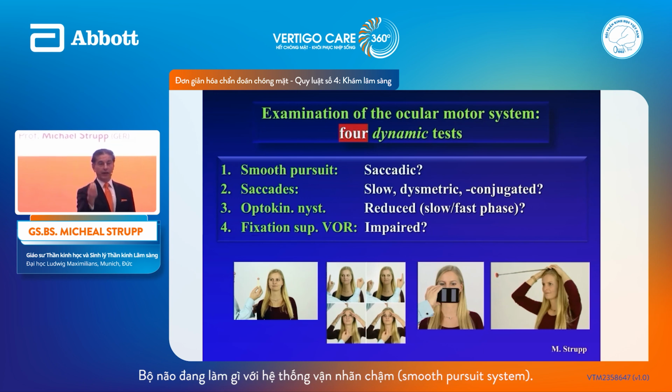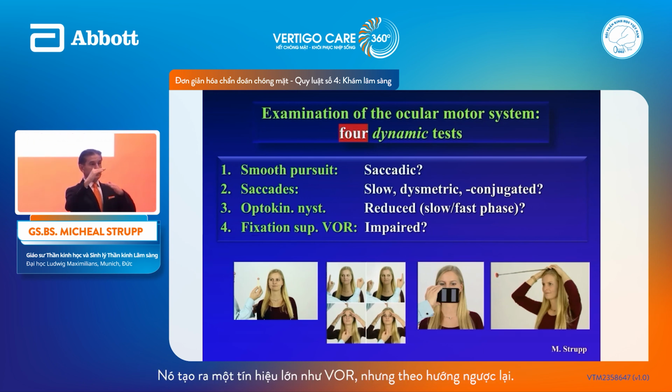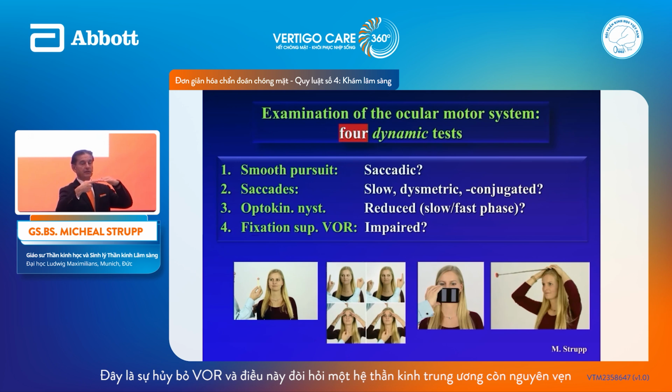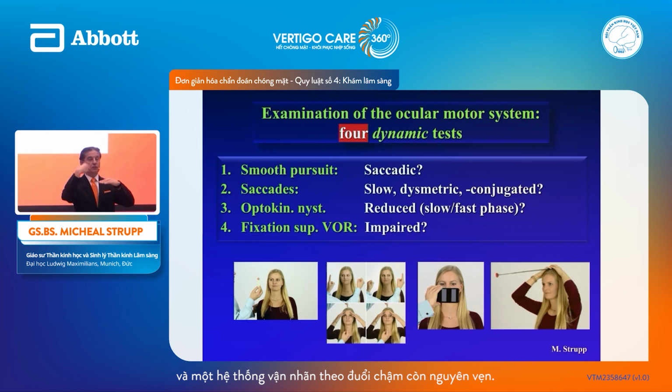What the brain is doing with the smooth pursuit system is generating a signal which is as large as the VOR, but in the opposite direction. This is VOR cancellation, and this requires an intact central nervous system, an intact smooth pursuit system. So it's an elegant test.